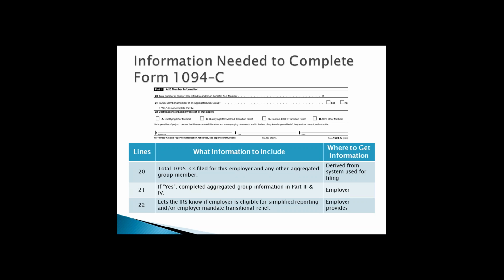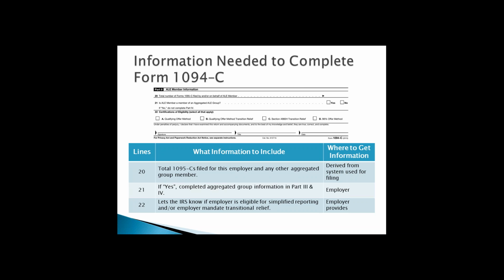And then the section 4980H transition relief, which is box C. This allows an employer to be eligible under certain conditions. One of the conditions applies to employers with 50 to 99 full-time employees and/or equivalents, and the other condition is for employers with 100 or more full-time employees and/or equivalents. And then the last certification of eligibility is box D, which is the 98% offer.